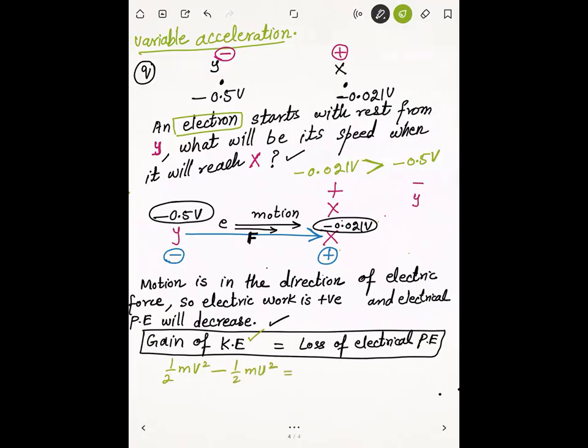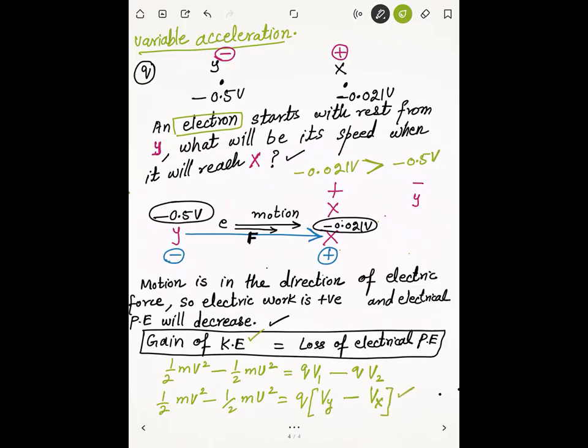Potential energy is lost, so the initial would be bigger. So Q times V1 minus Q times V2. It will be Q times Vy minus Vx.